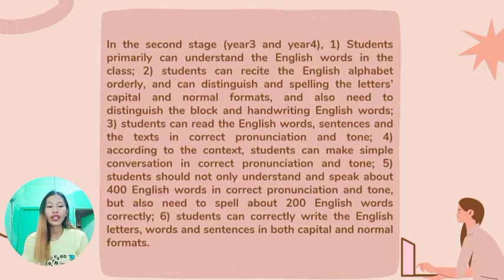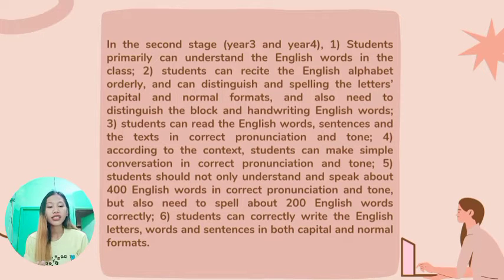In this stage, students primarily can understand English words in class. Students can recite the English alphabet in order and distinguish the spelling of letters in capital and normal formats. They also need to distinguish block and handwritten English words.